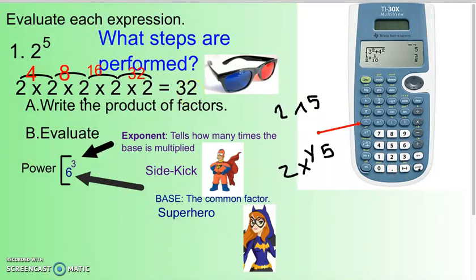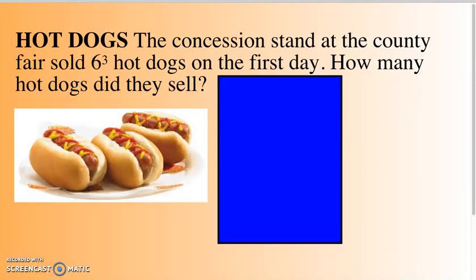Okay, so let's do a problem. It says, hot dogs. The concession stand at the county fair sold, and I'm going to highlight this, 6 to the third power hot dogs on the first day. How many hot dogs did they sell? Well, first of all, our first step is to write this power out as a product of factors. So let's write out, what would you write for 6 to the third?